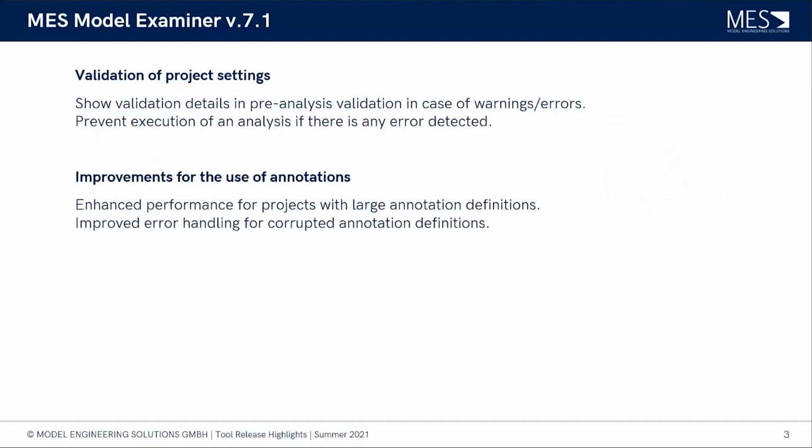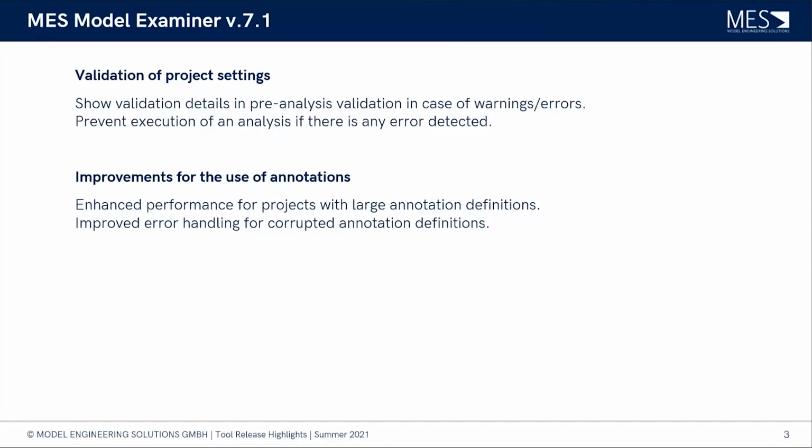Yes, this was a point that we already included in the last release, the first part of the story, and that was that in the last release we focused on the performance and compatibility with annotation files from older MXAM versions. And now in this release we continue with this topic and improved again the performance for adding or removing annotations.